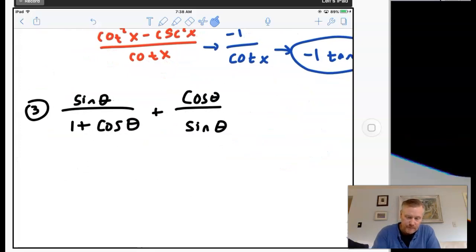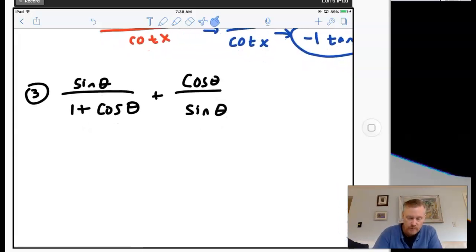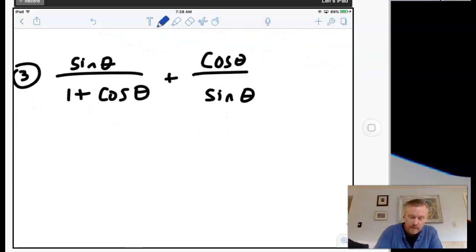Number 3. So this one, once again, find common denominators. There's nothing simple about that. You just multiply the left fraction by the sine of theta. And the right one I'm going to multiply by 1 over cosine of theta times 1 over cosine of theta, then combine them, okay?